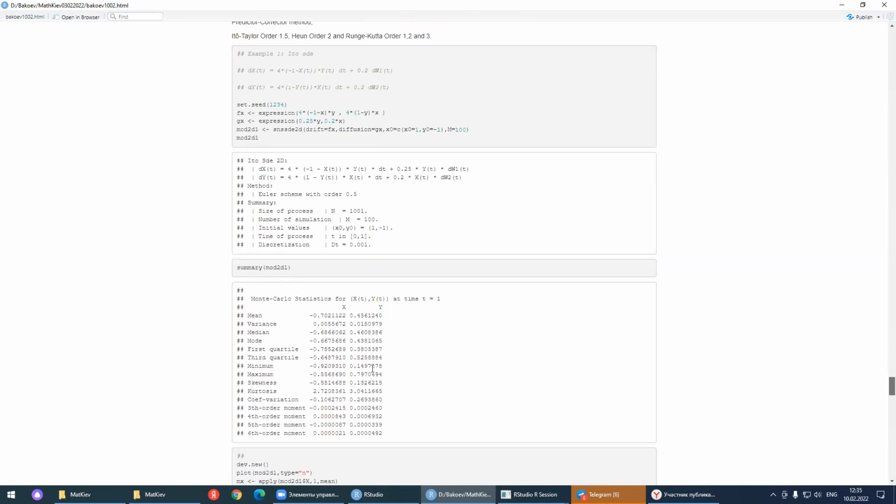This is summary statistics for the processes X and Y. We can find all values of X and Y, but it's not interesting for us because it takes a lot of space. That's why I show only summary statistics for the solution of this system of stochastic differential equations.